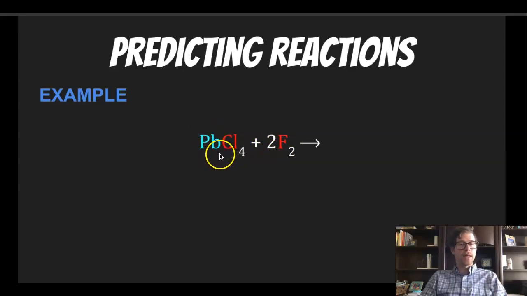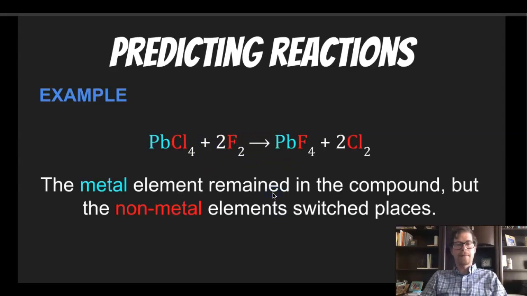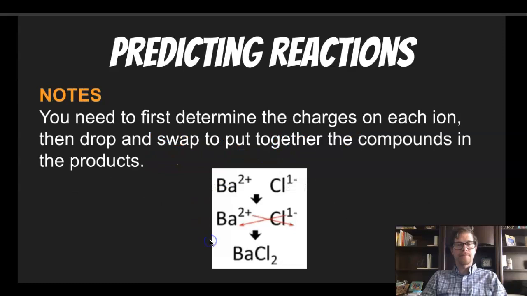The nonmetals are the ones that are going to swap places here. The fluorine matches up with the lead to become a new compound, and the chlorine ends up by itself. So the metal remained in the compound. It's a compound of lead in both cases, but the nonmetals switch places.